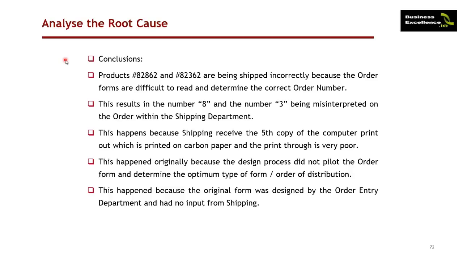This happens because shipping received the 5th copy of the computer printout, which is printed on carbon paper, and the print-through quality is very poor. This happened originally because the design process did not pilot the order form and determine the correct optimum type of the form order distribution. This happened originally because the order form was designed by the order entry department and had no input from shipping.